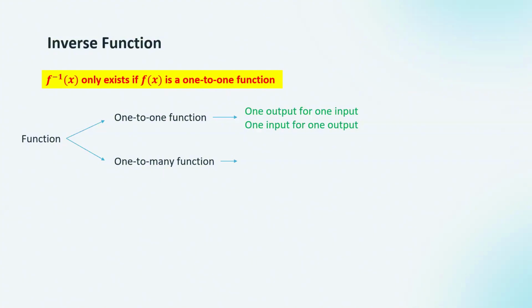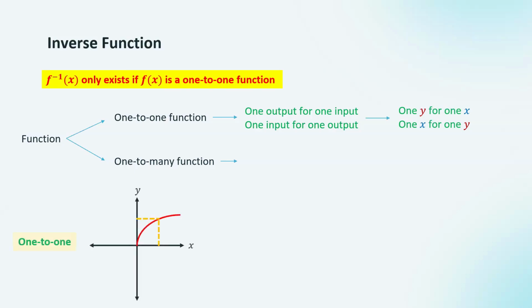You can also say this as 1 y for 1 x and 1 x for 1 y. An example of a one-to-one function is like this. As you can see, 1 y corresponds to 1 x and 1 x corresponds to 1 y. This is a one-to-one function.